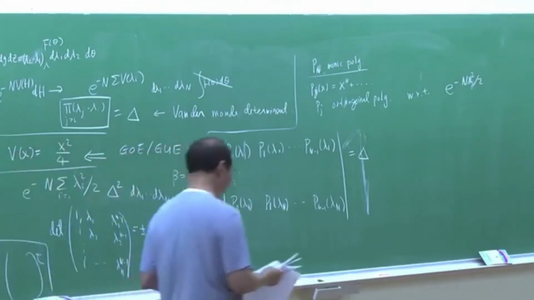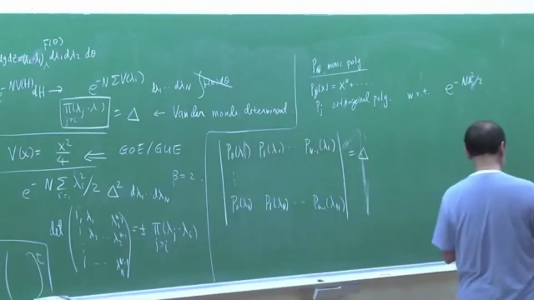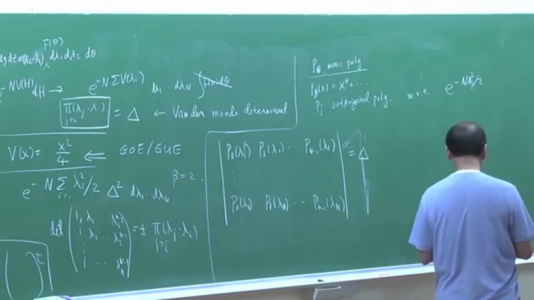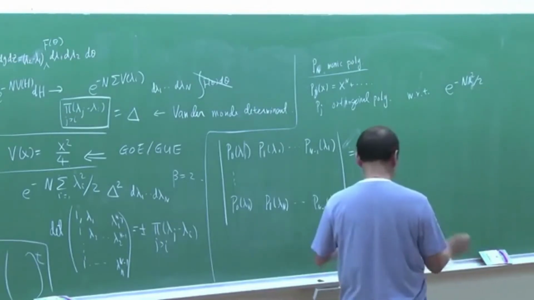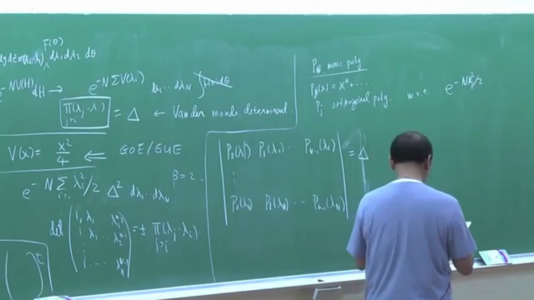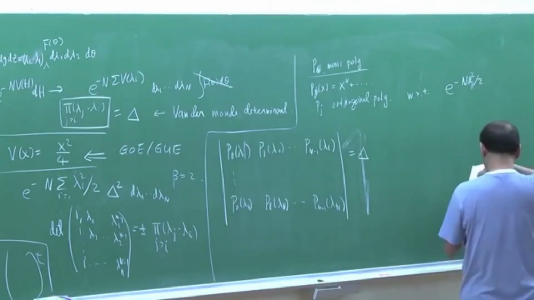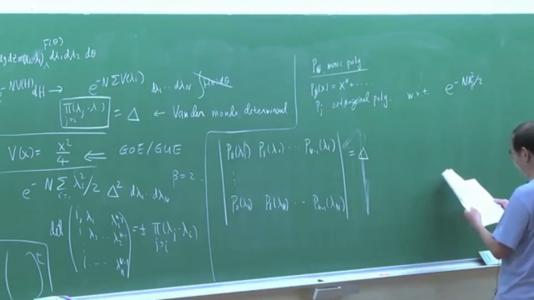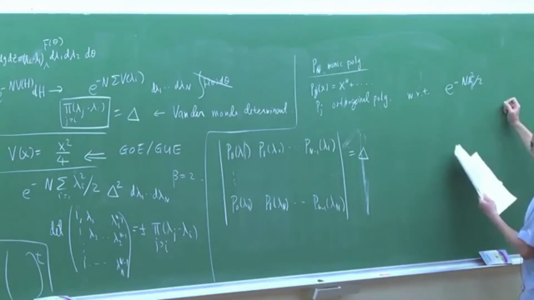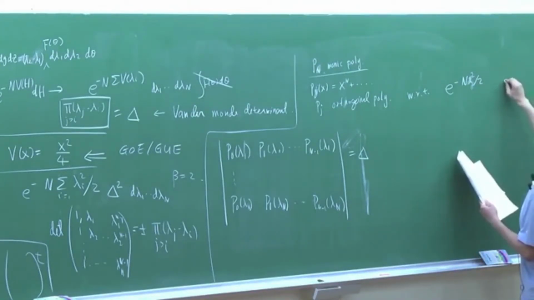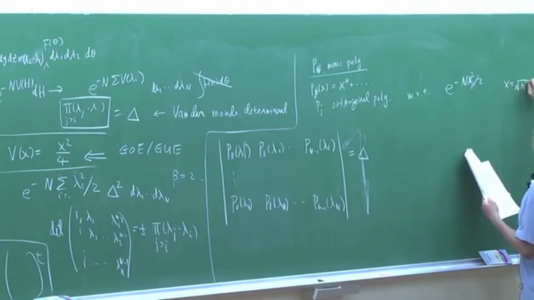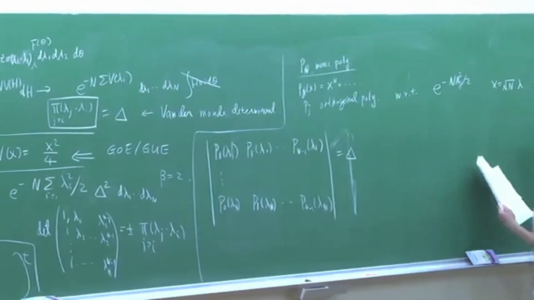And then, so I will not do this. So finally, you will see that this measure will be equal to, so I will also do the change of variable, this x equal to square root n of lambda. This is change of variables.